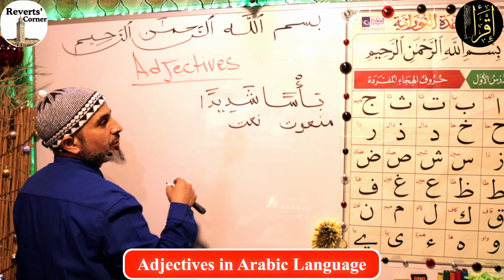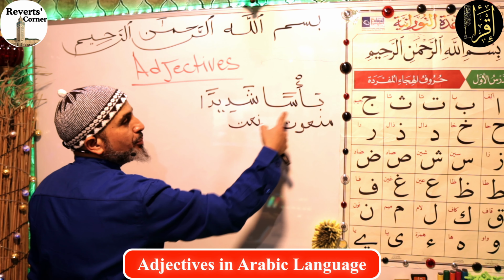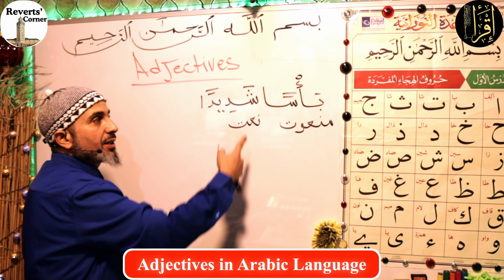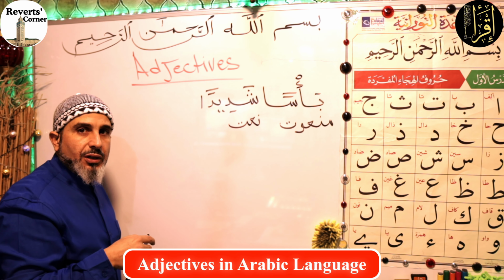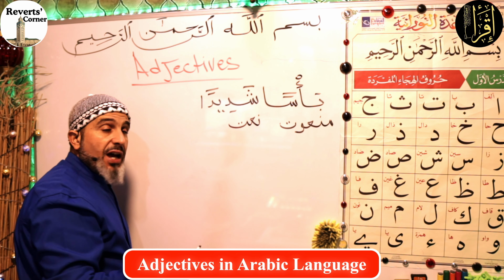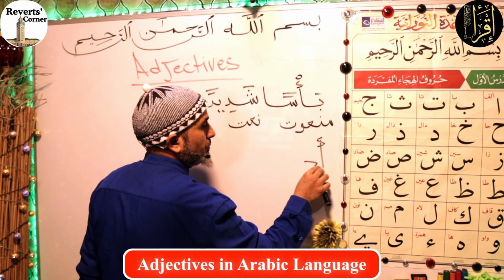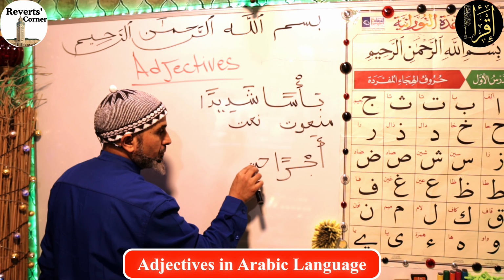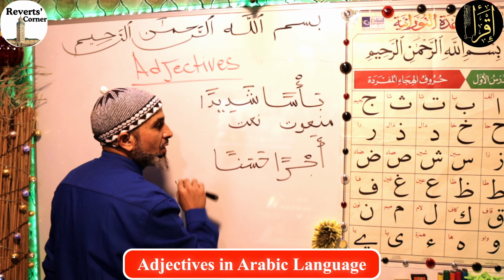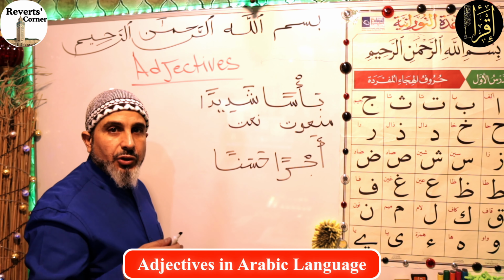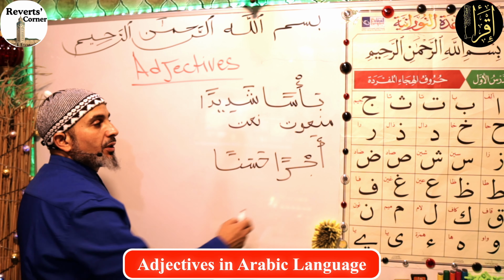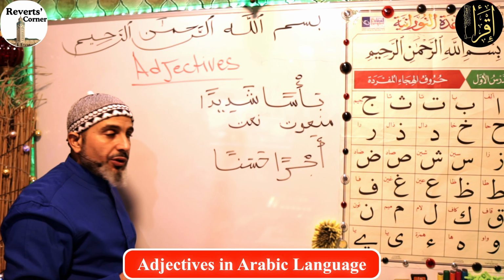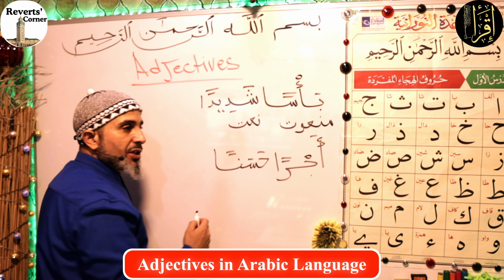The موصوف is the بأس, the عذاب. It is شديد, عذابا بأسا شديدا. All right? Similarly, we have أجرا حسنا, a good reward. أجرا is a reward. حسنا is good. Which noun is being described?